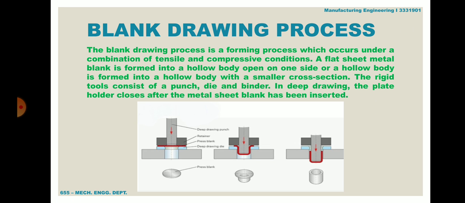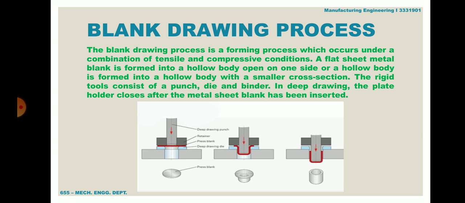The blank drawing process is a forming process which occurs under a combination of tensile and compressive conditions. So both types of forces are applied in this process: compression to hold the workpiece and tension for making the product.